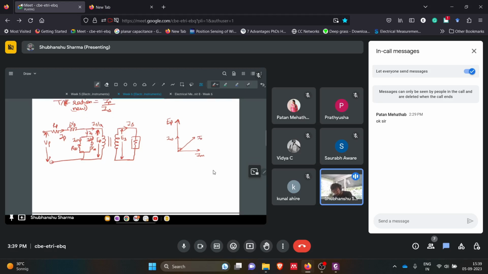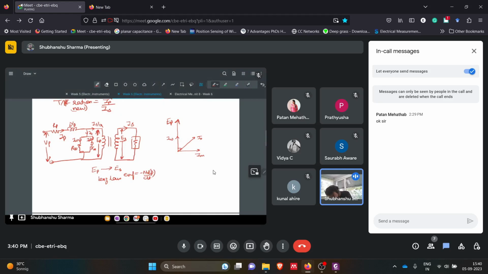Now we will draw the phasor of ES also. According to Lenz's law, ES will be 180 degrees apart from EP, because EP induced ES. Based on Lenz's law, the induced EMF is minus N d phi by dt, and also you can say that Lenz's law opposes the cause.